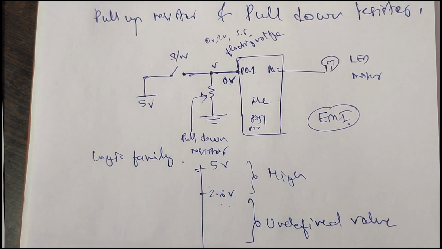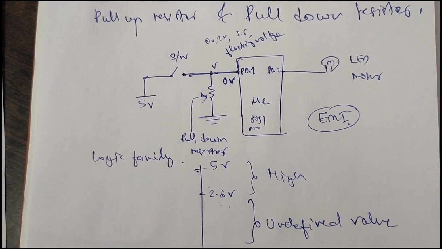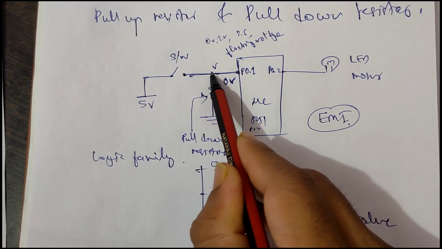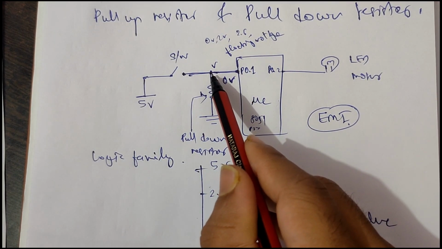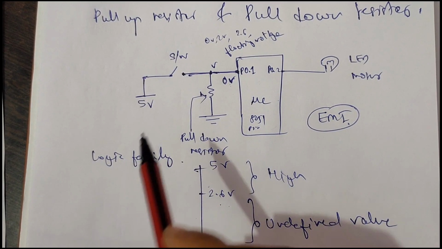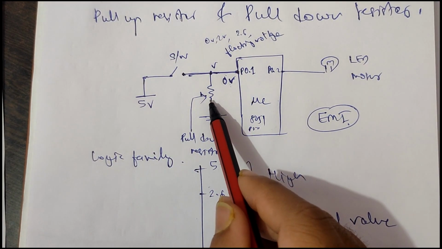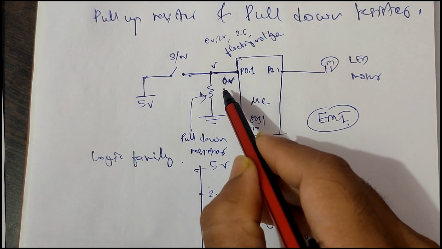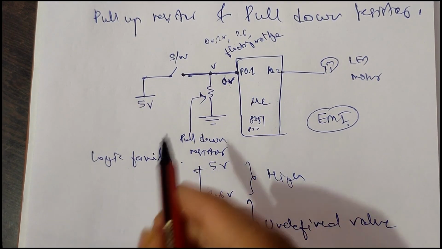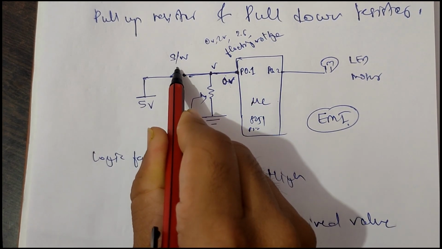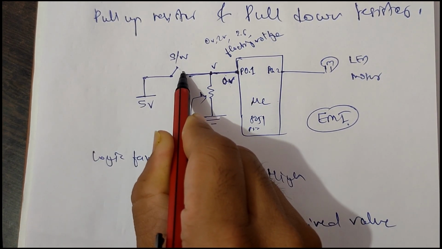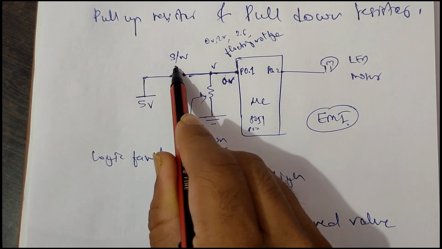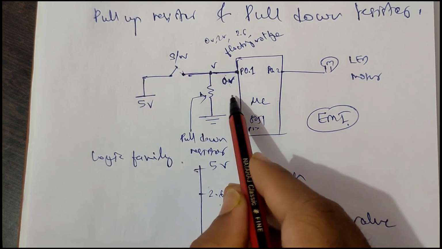If any voltage comes here due to EMI, it will be grounded via this pull-down resistor and we get 0 volt, which is what we want. So now this will work properly, because when I switch on the circuit, I am getting 5 volt here, and when I switch off, I am getting 0 volt here.